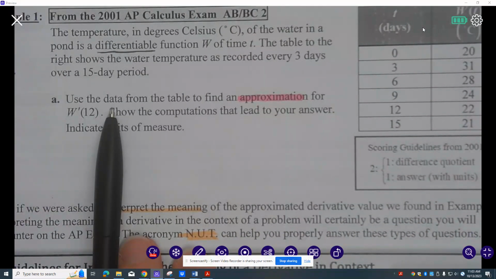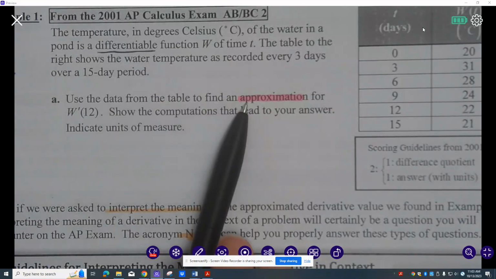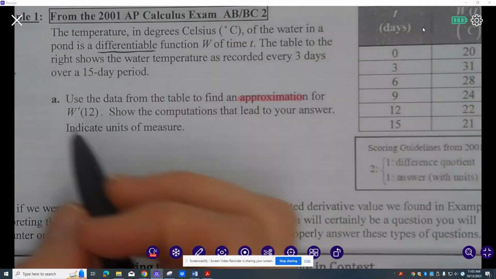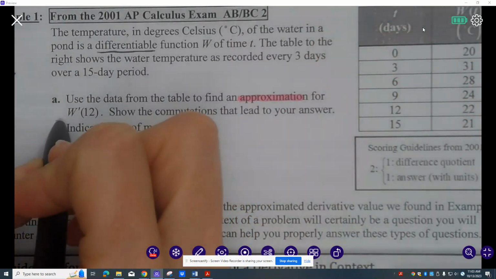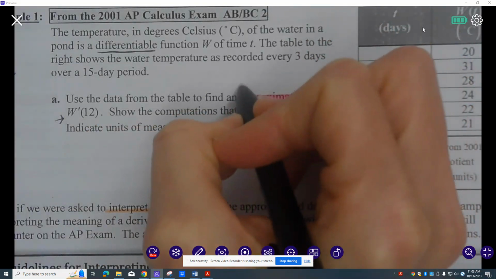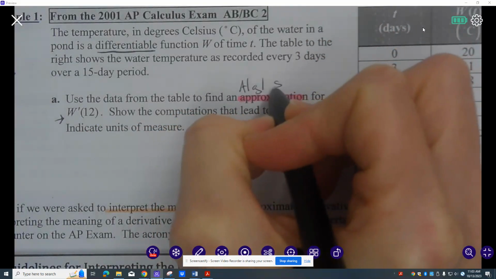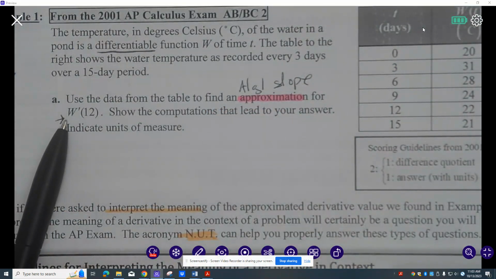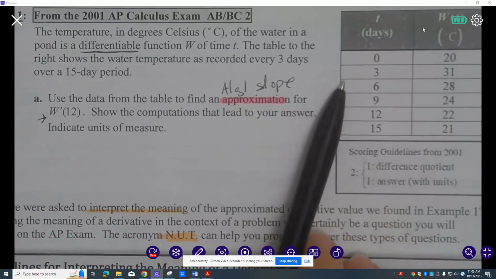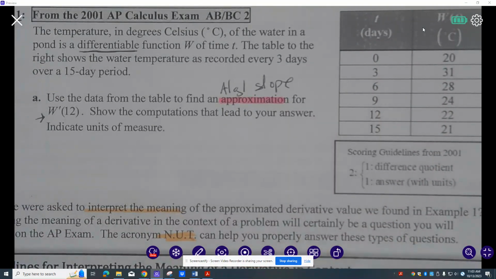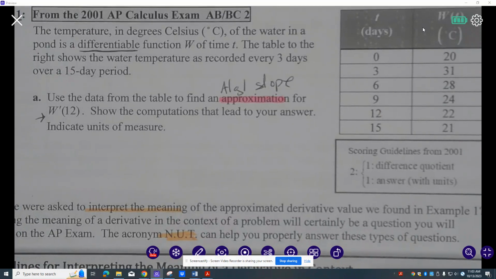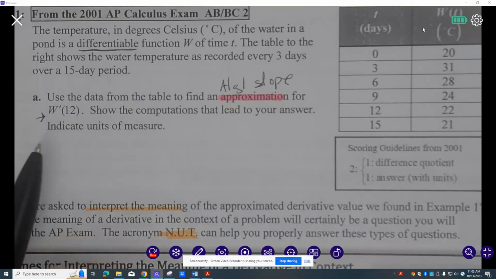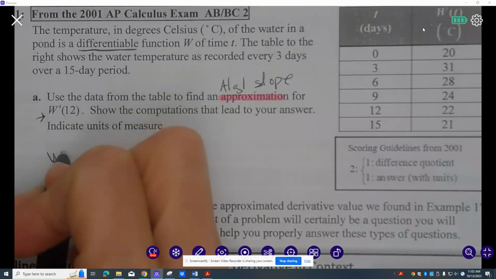Then it says use the data from the table to approximate. So whenever you see the word approximate the derivative, that is Algebra 1 slope, which makes sense because we don't have the function to do the actual derivative. All we have are coordinate points, so we're going to do an Algebra 1 approximation at time equals 12. So how would I label this?